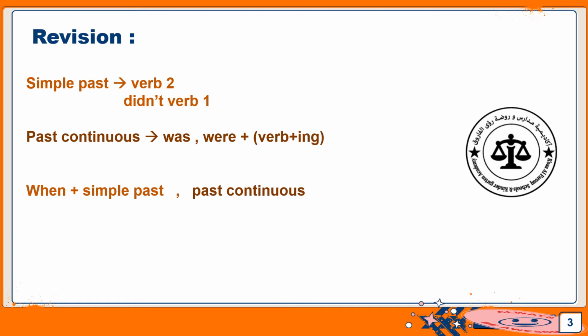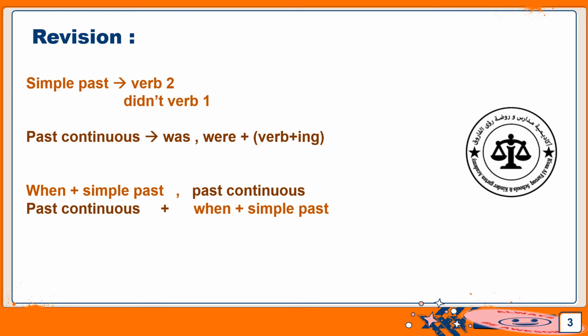Excellent. As we see here, when is followed by simple past, then the second sentence is in the past continuous. If we start with when, we have to put a comma between the two sentences, but if we want to put when in the middle of the sentence, we don't put a comma between the two sentences, as we see here.